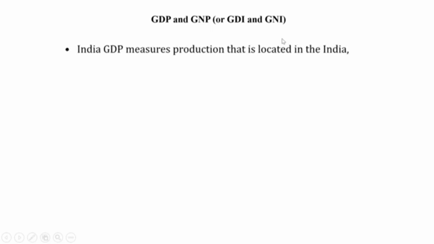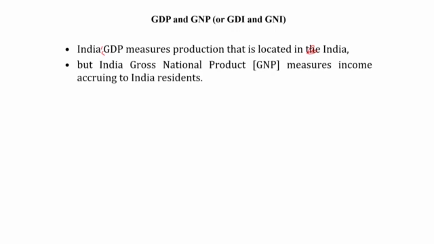For example, what is India's GDP? India's GDP measures the production that is located within India. But India's gross national product, India's GNP or GNI, measures income accruing to all Indian residents, all Indians.